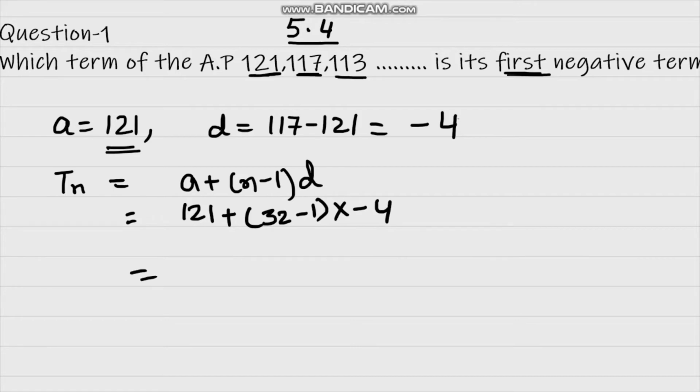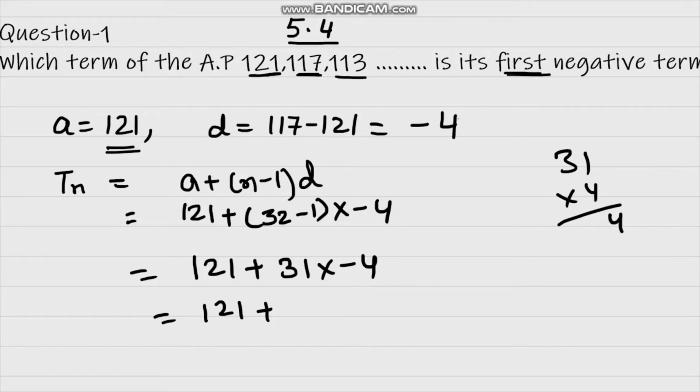Now see, the nth term will be 121 plus 32 minus 1 is 31, 31 into minus 4. Now this will become 121 plus 31 into 4: 4 ones are 4, 4 threes are 12, so minus 124.